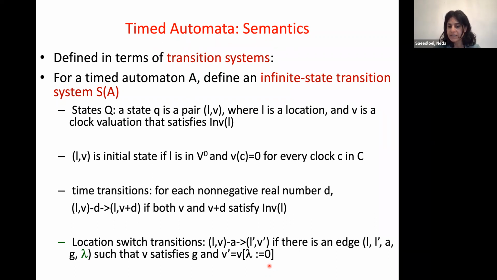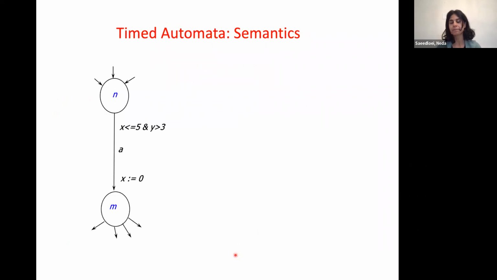The only thing that would cause V prime to change is a possible reset. Because, as I said, the location switch transitions are instantaneous, they are not going to consume any time. However, due to resets, my clock valuations can be updated. And this is how it is updated by V prime.